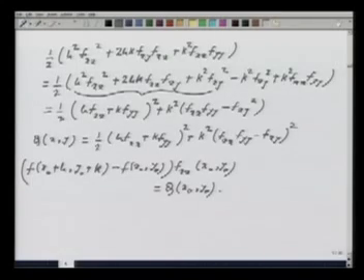Now q being a continuous function, if it is bigger than 0 at some point x naught y naught, or less than 0 at some point, that means in a disk around that point the function is bigger than 0 or less than 0, just like one variable continuous functions. In one variable, if I have a continuous function f which is bigger than 0 at a point, then there exists an interval around that point where the function is positive.